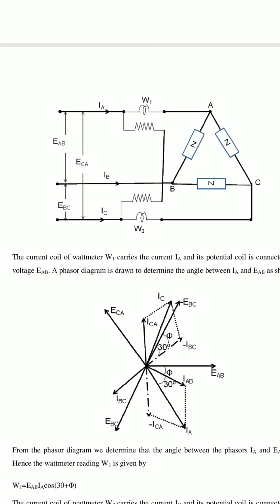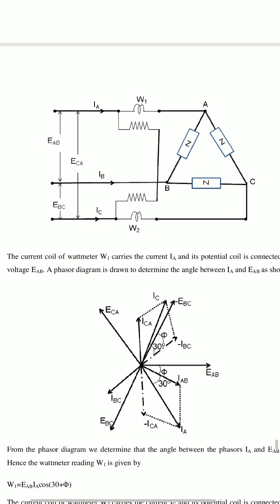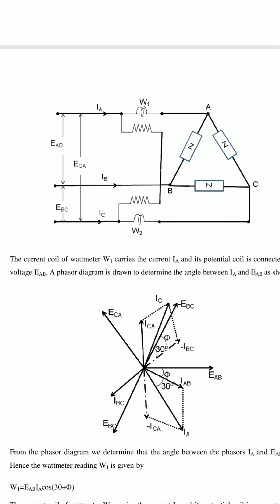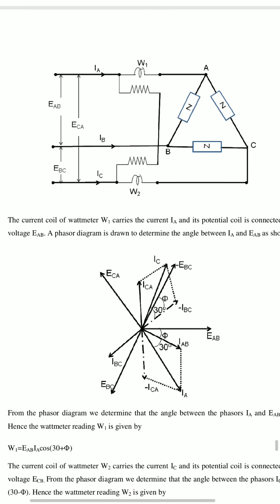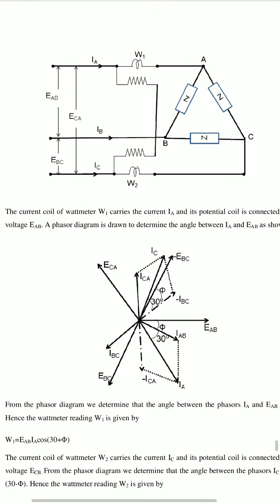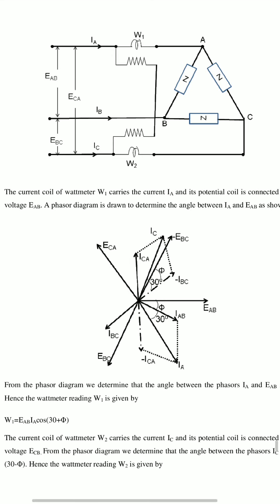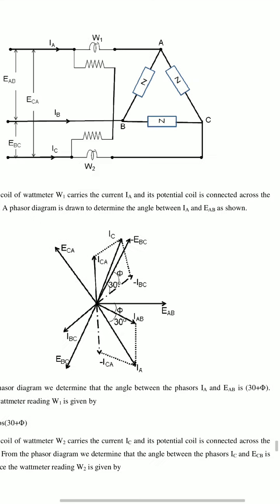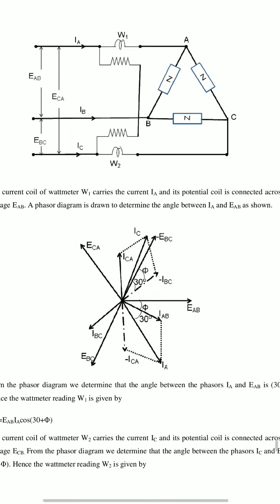The current coil of wattmeter W1 carries the current IA, and its potential coil is connected across the voltage EAB. A phasor diagram is drawn to determine the angle between IA and EAB.